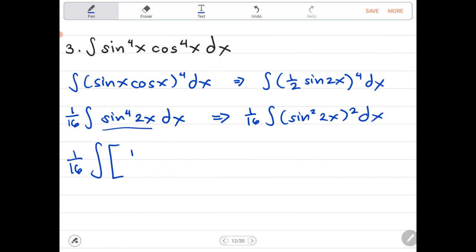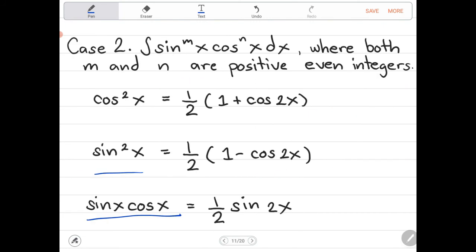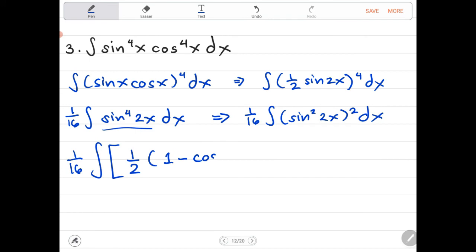So 1/2 times 1 minus cosine, and we are going to double here, so that is cosine 4x, squared dx. So let us square it first. 1/2 squared is 1/4. So we can remove the 1/4, right? It can be 1 over 16 times 1/4.